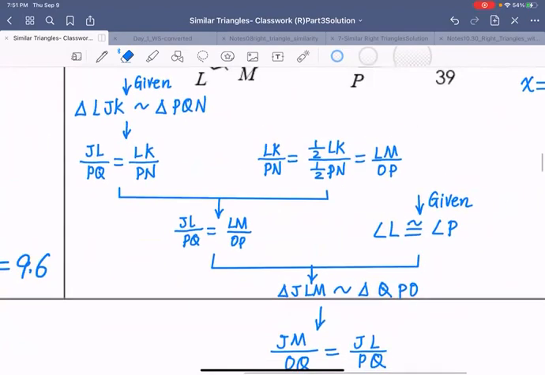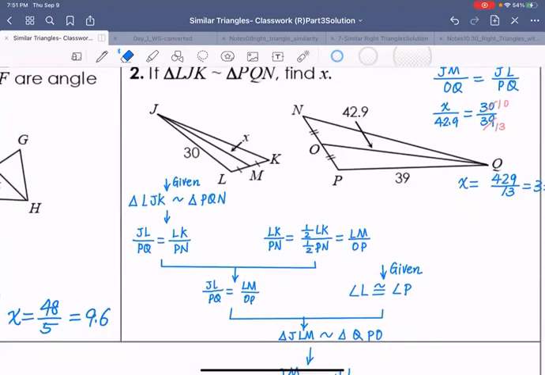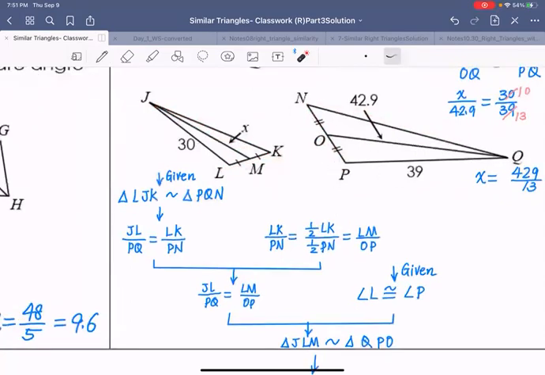So we feel curious: why, if these two are similar, is this over this going to equal this over that? Let's prove it.